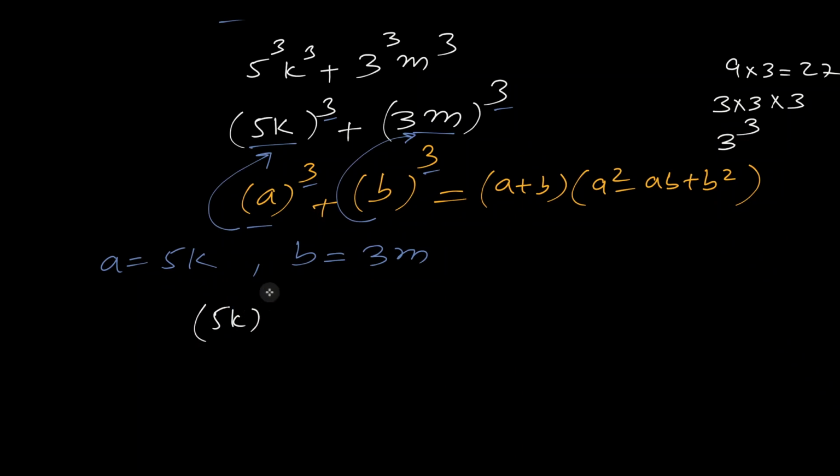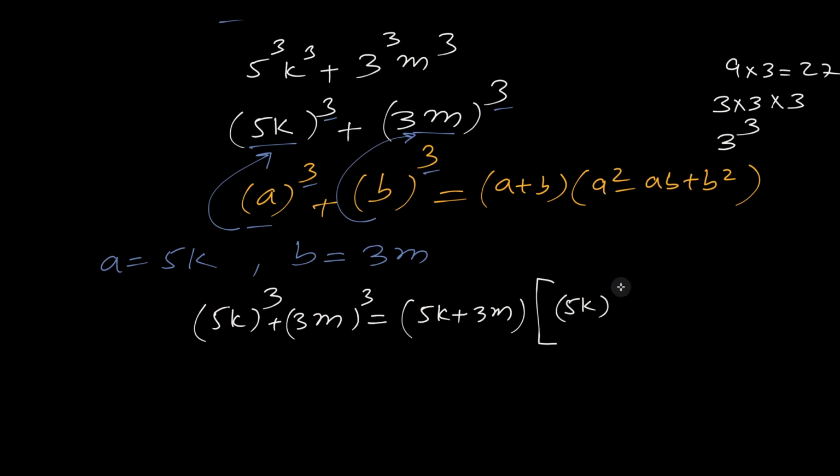5k whole cube plus 3m whole cube equals a plus b. What is a? It is 5k, plus b is 3m. And now we have to perform a square. That's the reason I'm no more going to write the parenthesis; instead of parenthesis, I will use a square bracket. The value of a is 5k, so 5k whole square, because the value of a itself is 5k.